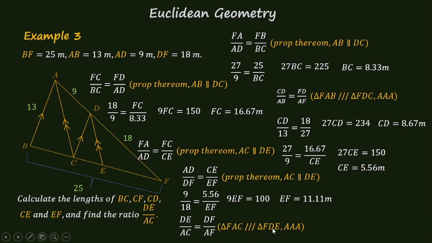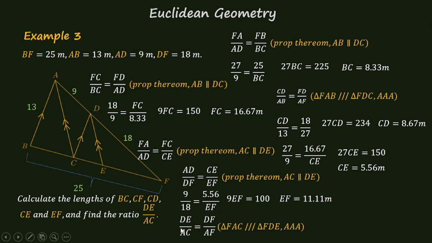We can write DE over AC equals DF over AF. I have chosen this because I have DF, which is 18 units, and I also have AF, the whole of this AF, because 18 plus 9, I have values for this.